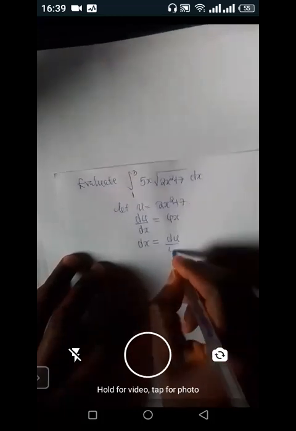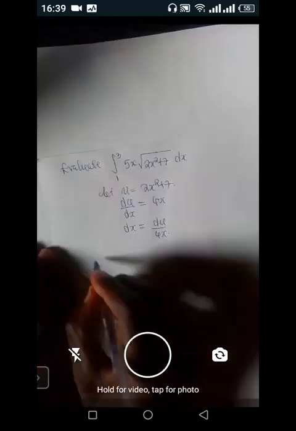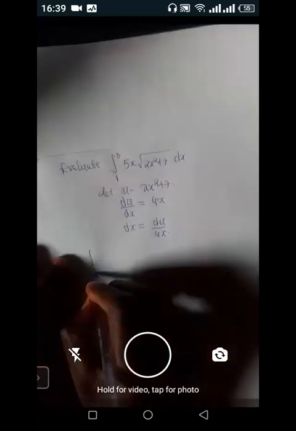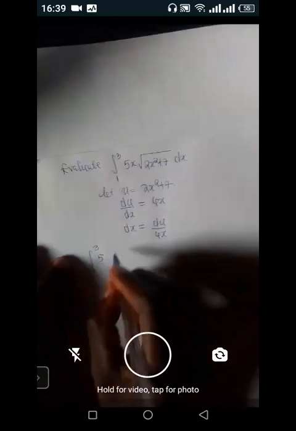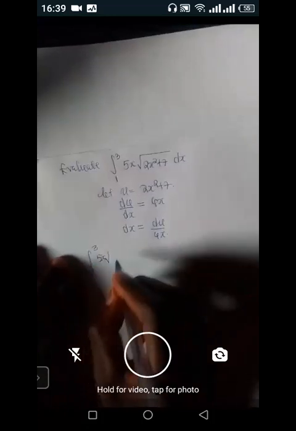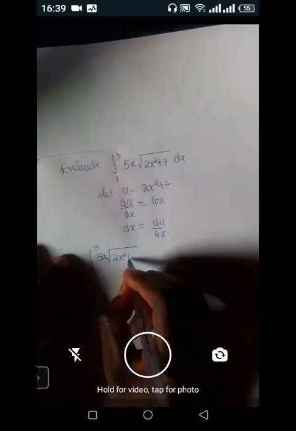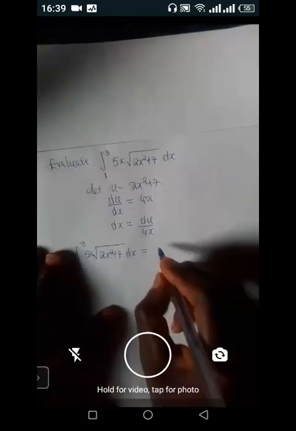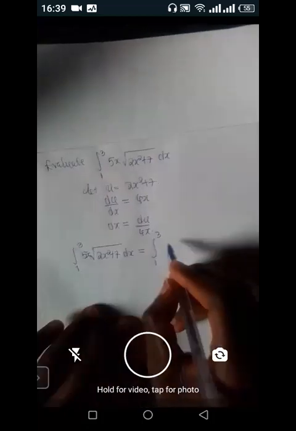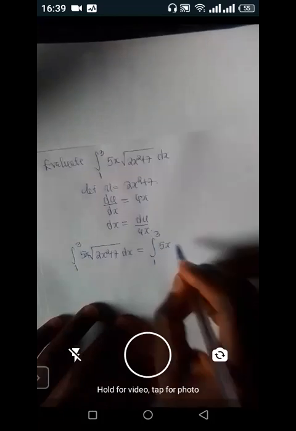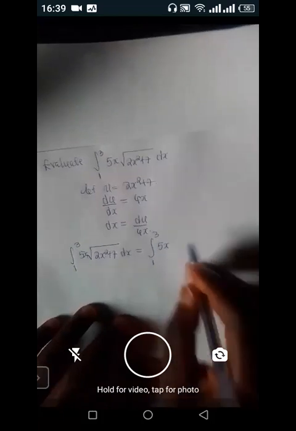Now the integral from 1 to 3 of 5x times the root of 2x squared plus 7, dx will be the same as 5x times the root of u, times du over 4x.